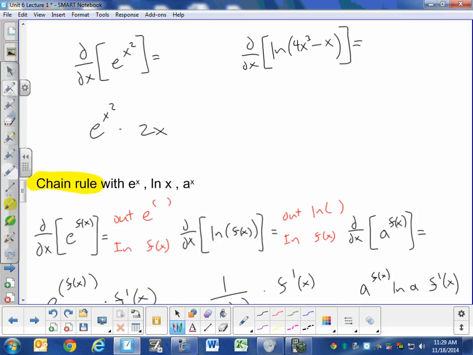Derivative of log is not log. Good. Derivative of log of stuff is just 1 over that stuff. 1 over x is the derivative of log times the derivative of that stuff. Just make sure it's in parentheses. If you wish, you can move it to the numerator, but you don't have to.